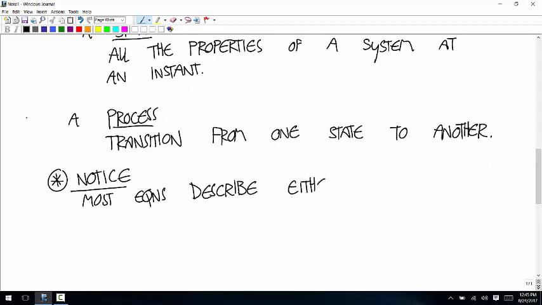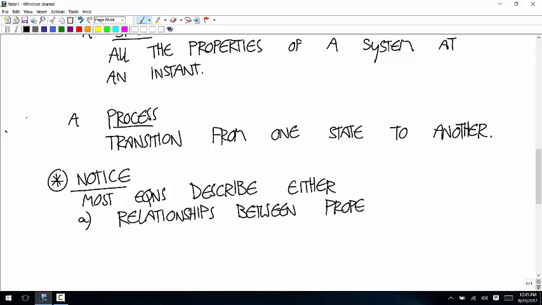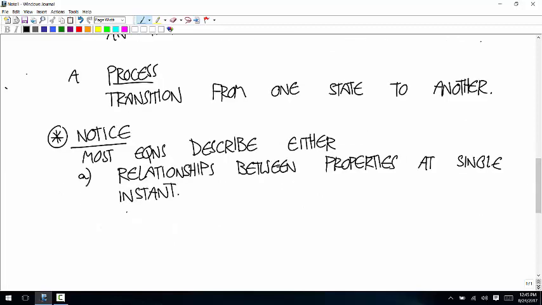So either relationships between properties at a single instant, like, for example, PV equals nRT.